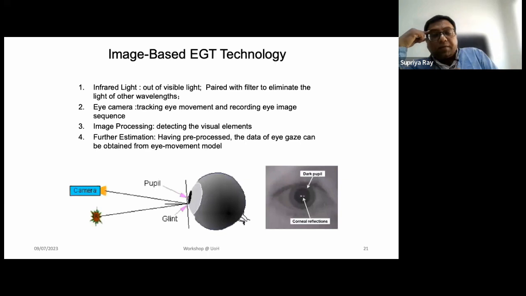Now, this is the fundamental mechanism behind this image-based eye gaze tracking technology. Because most experiments require you to study eye position in the dark, we use an infrared illuminator. Infrared means it is beyond the range of visible light.